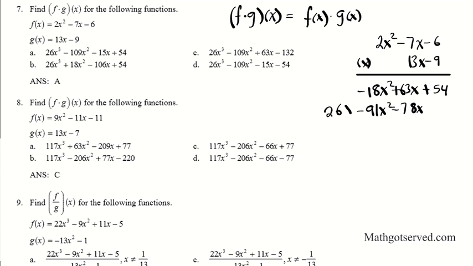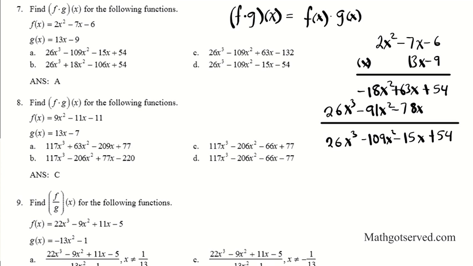Okay, so you see how doing it vertically has everything nicely organized. So I'll just add downwards, and that should give me my answer. All right, so adding downwards, 54 just drops down, 54, and if I add these two, it's going to be negative 15x, and then these two add up to negative 109x squared, and then just bring down 26x to the third.